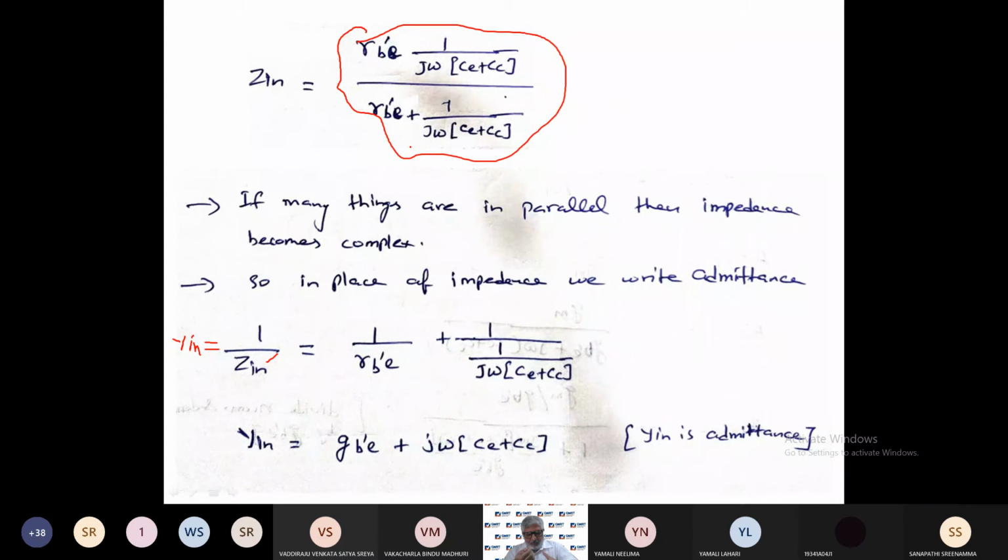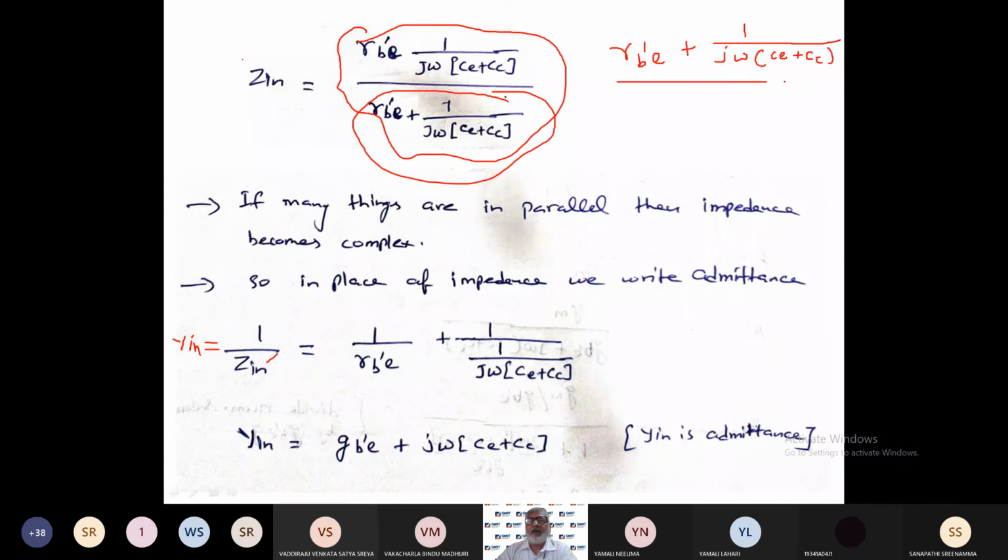What I have done, you can see here. 1 by Z in means I will write it as R B dash E plus 1 by j omega CE plus CC, because this will go in the numerator, and divide by R B dash E times 1 by j omega CE plus CC.